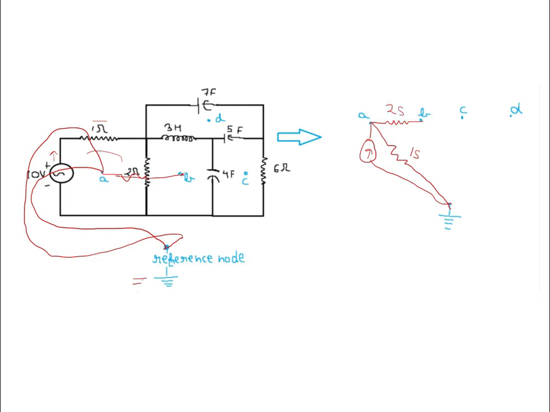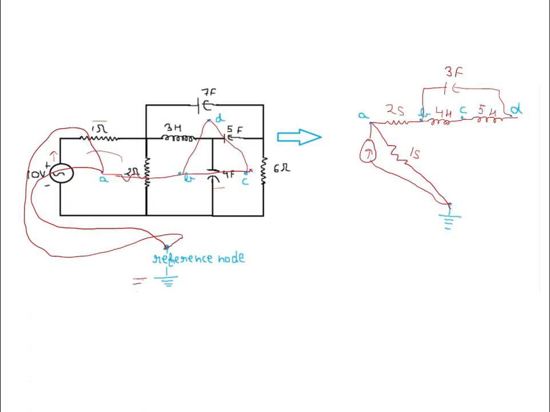Then B and C are connected by a 4 farad capacitor. Therefore, here it would be an inductor of 4 Henry. And then a 3 Henry inductor between B and D. So it's a 3 farad capacitor here because inductor becomes capacitor. A 5 farad capacitor between C and D means here it would be an inductor of 5 Henry.